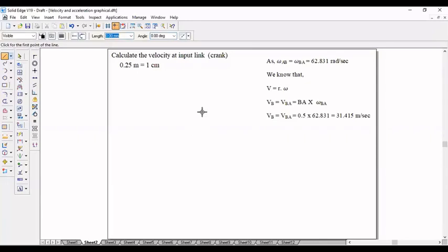Since the crank length is 0.5 meter, it becomes 2 centimeters. So remember, you construct 2 centimeters manually, but here it is in mm, so I'm giving 20. But in your diagram, you use the 2 centimeter value.